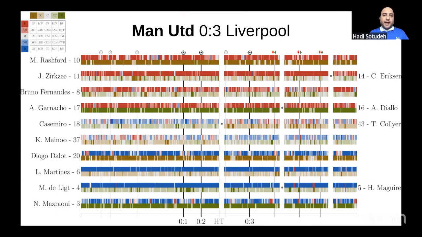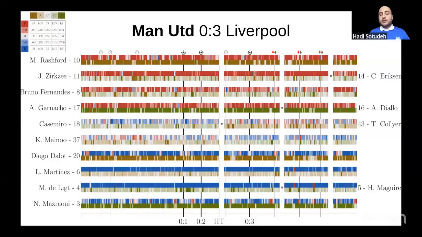So going back to the time series that we introduced, we can just stack all the time series of the players where the starting players are playing from the left and the potential substitutions are shown on the right side of this slide.